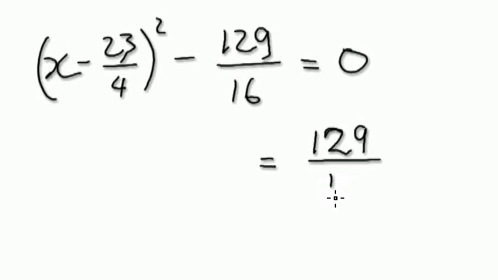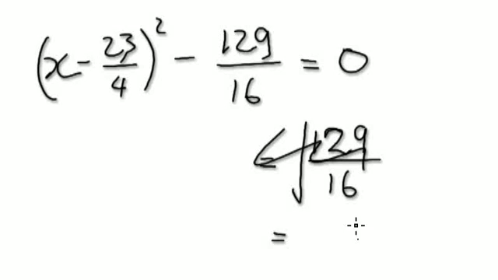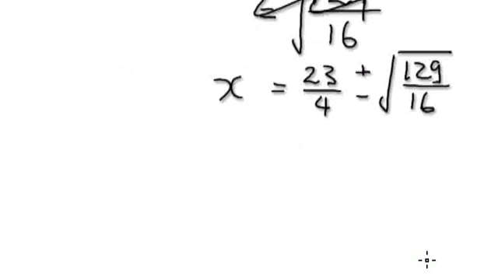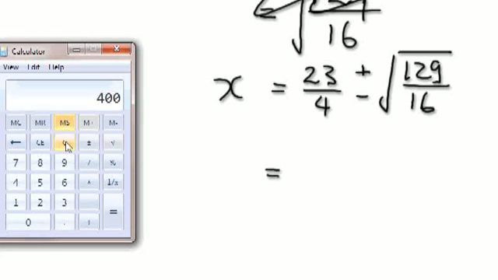I'm just going to do it all in one go because this video has been dragging. So x here equals 23 over 4 plus or minus root 129 over 16.